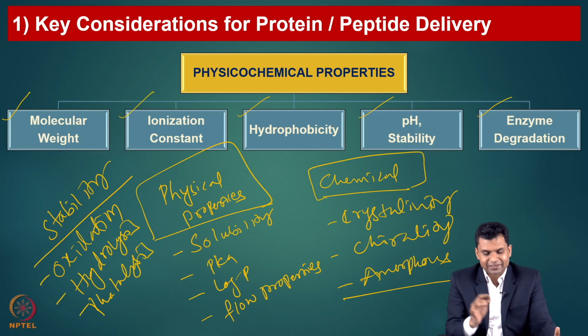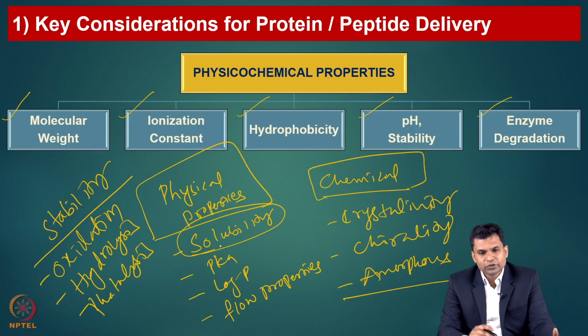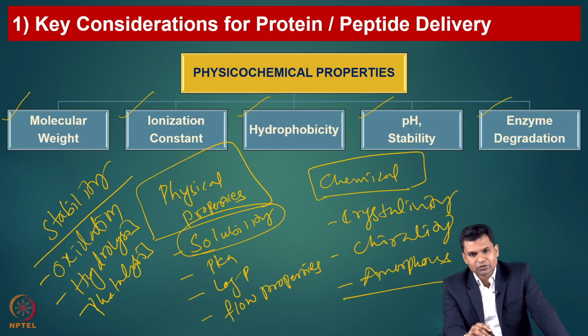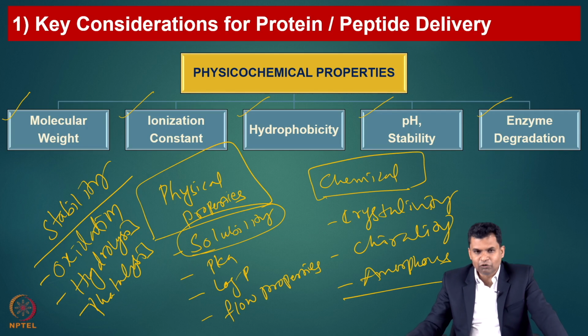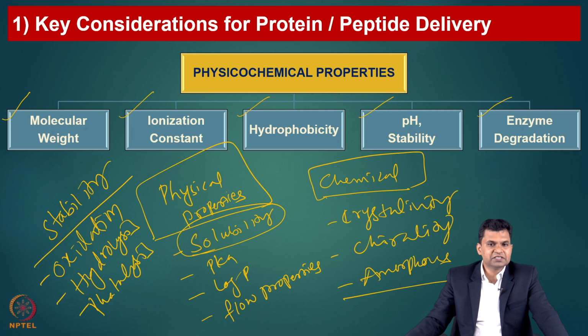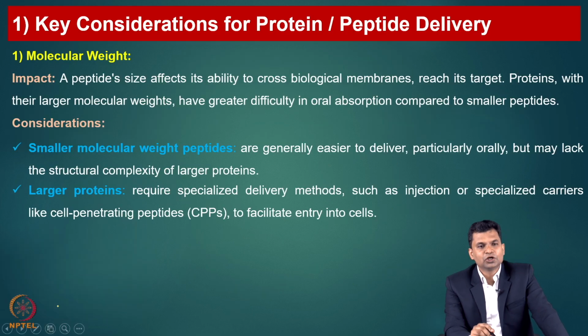If any problem arises, for example a solubility issue, we try to improve the solubility of the drug molecule. Similarly, for any biological molecule, before developing any formulation, you should know the molecular weight, ionization constant, hydrophobicity, pH, stability and enzymatic degradation. We will see one by one how these influence the delivery. So, the first point is the molecular weight.